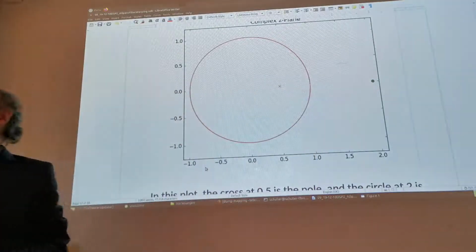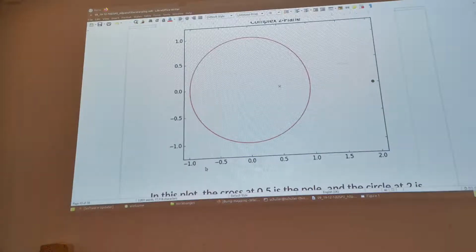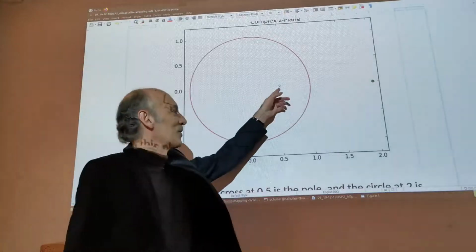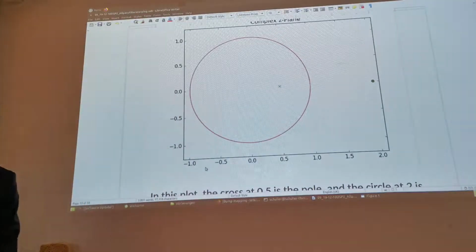So is this filter stable? Why is it stable? Because the pole is inside the unit circle. Exactly. So what about the inverse filter? The inverse filter would be 1 over this filter in the frequency domain, a filter that would cancel this one.